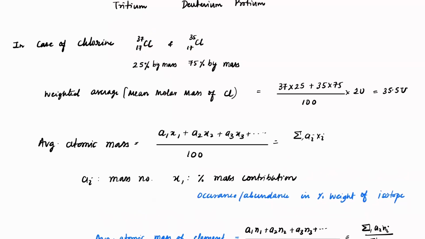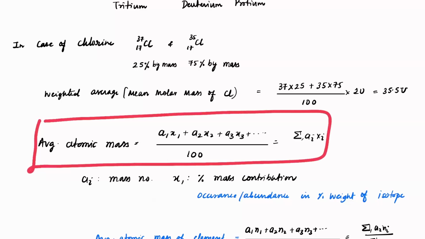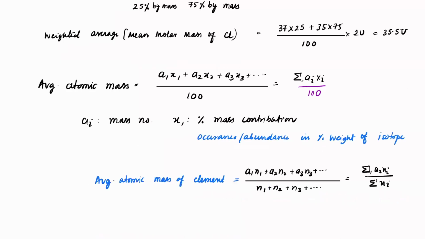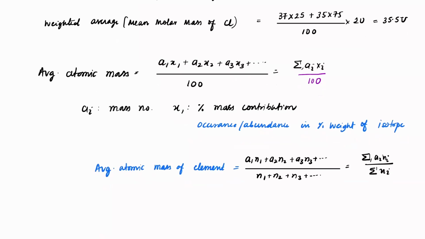That's why the average atomic mass of a substance can always be found with this formula: A1, the mass number, into X1, the percentage amount. So A1X1 plus A2X2 plus A3X3 and so on, the sum of all of this divided by 100. That will give us the average atomic mass.